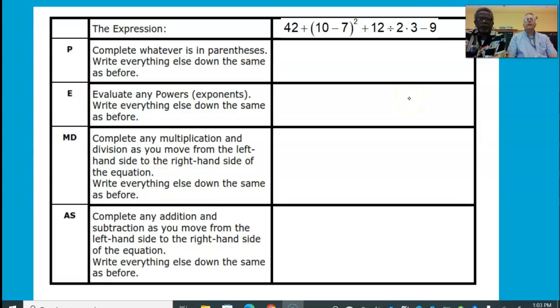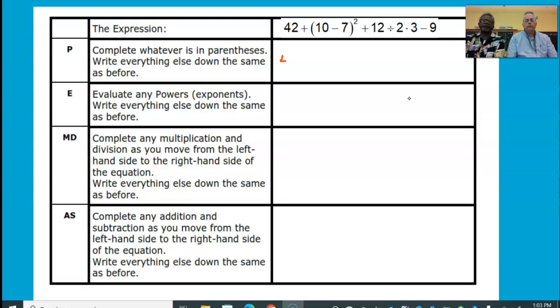All right, Mr. Moore, we have another example here. We have a graphic organizer here to kind of organize our work. This is a lot like one of the assignments that you may choose to do. We thought we would preview it. It's kind of a more complicated problem, but it helped you kind of go step by step. So what's first here? Well, according to PEMDAS, the parentheses are first.